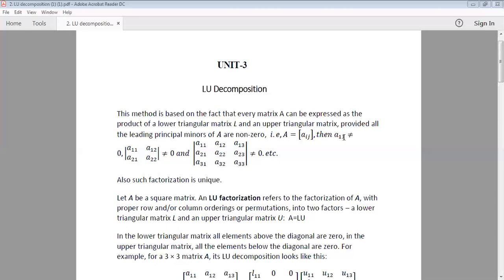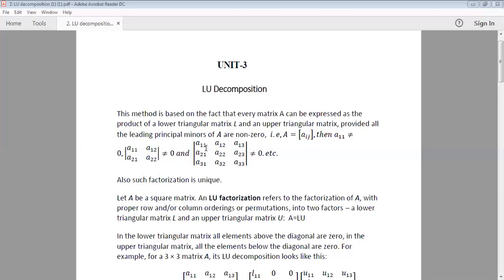Then the leading principal minor of order 1 is A11, that should be not equal to 0. And the leading principal minor of order 2, the determinant of A11, A12, A21, A22, is not equal to 0.